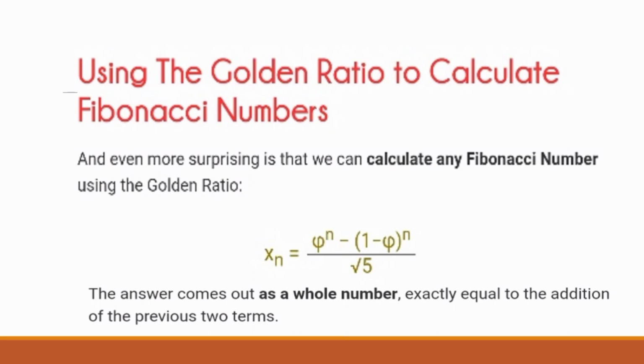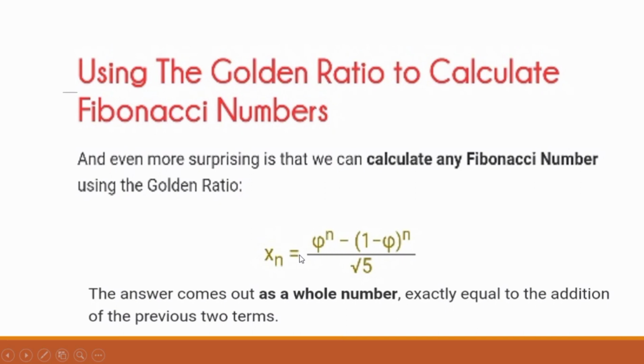And even more surprising is that we can calculate any Fibonacci number using the golden ratio. So, itong x sub n natin, ito yung magiging formula natin dito, class. So, kapag sa exam ninyo, calculate the Fibonacci numbers using the golden ratio, ito yung gagamitin nating formula.